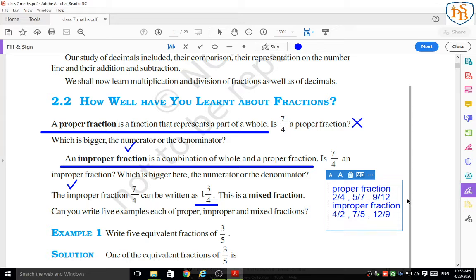Now I have to write mixed fractions. How can I write a mixed fraction? Look here, with the help of an improper fraction we can write a mixed fraction.